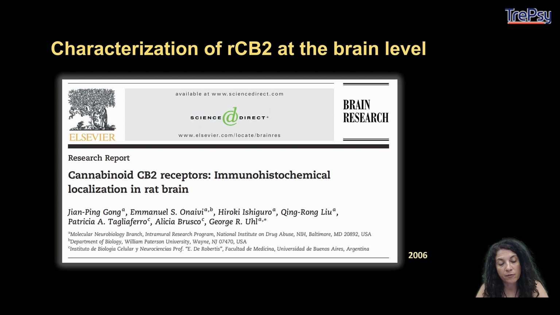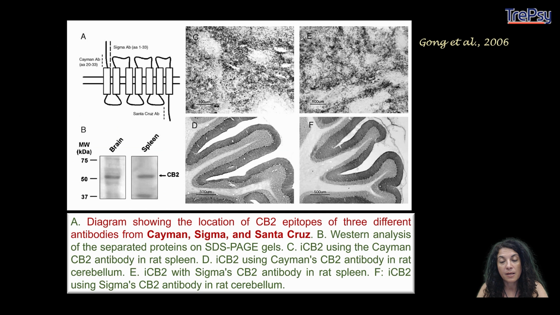This work from Jian-Ping Gong, from the George Uhl group, used three different types of antibodies. They used Cayman antibody that identified a different epitope, from amino acid 20-33, Sigma antibody, and Santa Cruz antibody.